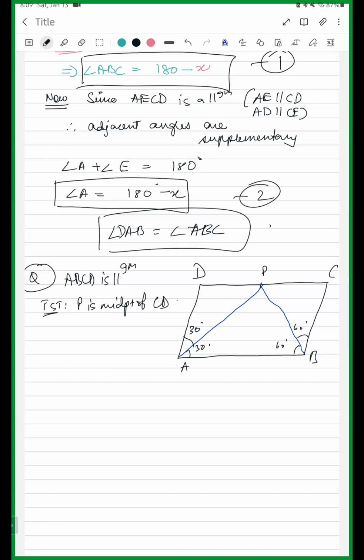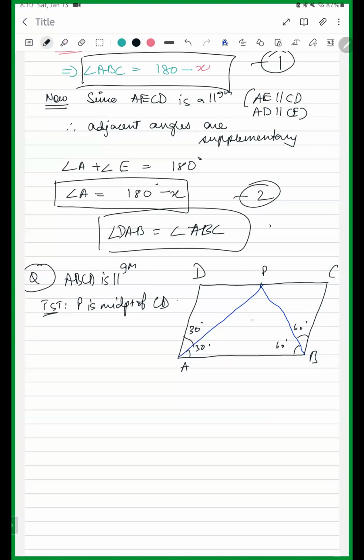Now, if you look at the fact that this is a parallelogram and AB is parallel to CD, these two lines are parallel to each other. And if you consider AP as a transversal between them, then angle PAB, this one, will be equal to angle APD, right?